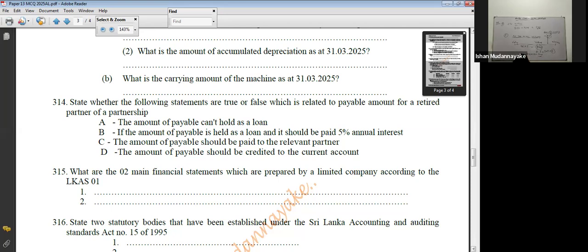Second one: if the amount payable is held as a loan, it should be paid 5% annual interest. True or false?